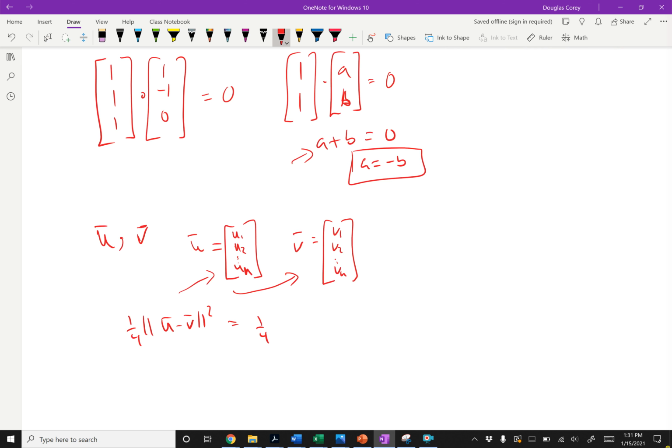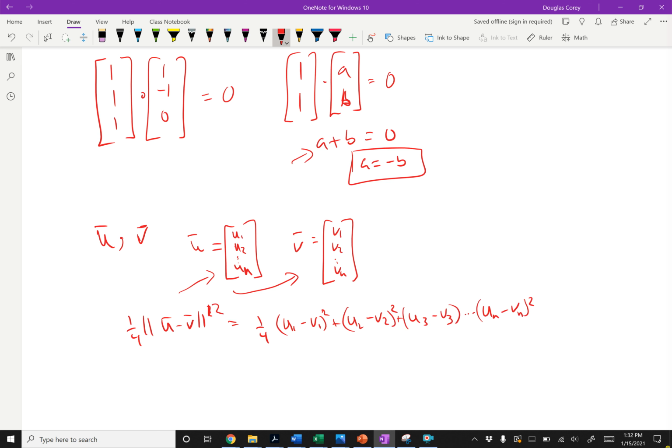I'm going to take u minus v, which is going to be u1 minus v1, and then the norm, I'm going to square each of those. u2 minus v2 squared, u3 minus v3 squared, dot, dot, dot, un minus vn squared. Okay, and then if I didn't have this squared, I'd take the square root, but I squared this, so those cancel each other out.